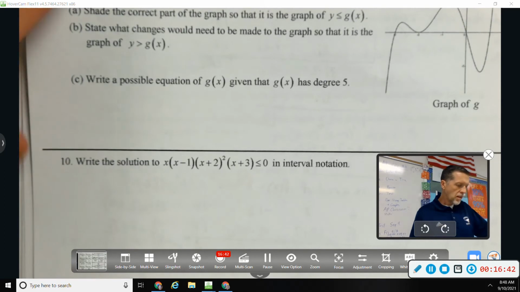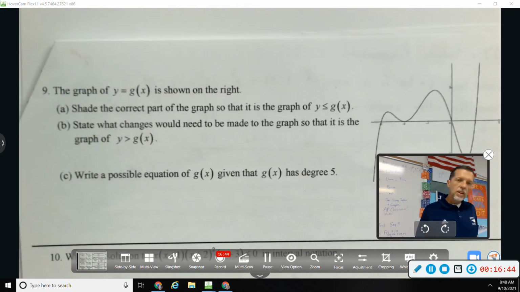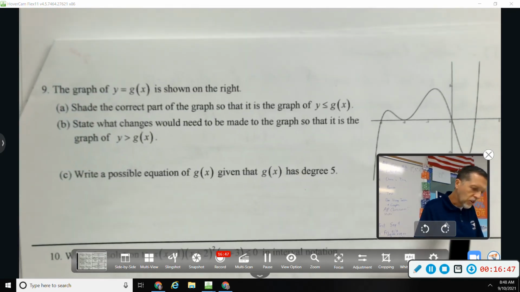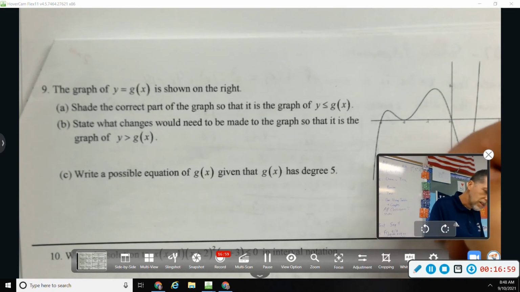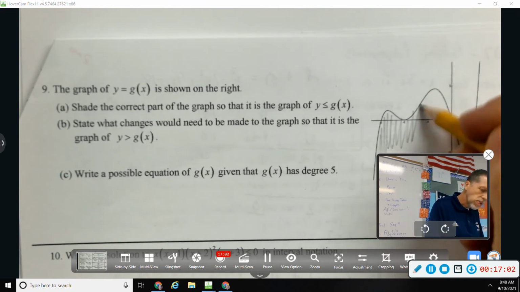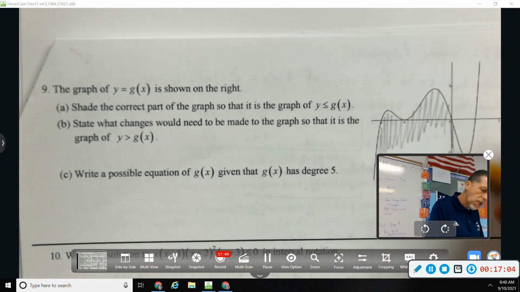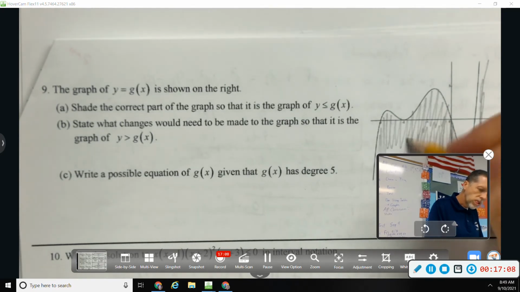Number 9. The graph of y equals g of x is shown. Shade the correct part of the graph so that it is the graph of y is less than g of x. So where am I shading? Below. Shading below.